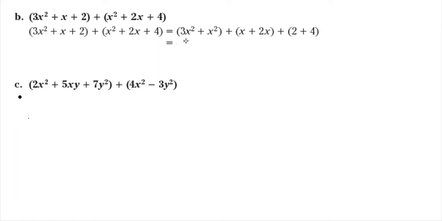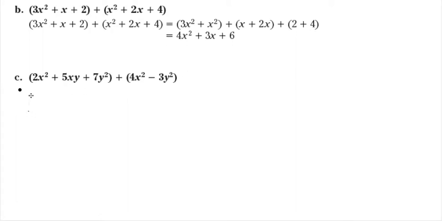We are just basically getting our like terms and putting them next to each other so that we can add them. We know that 3x squared plus x squared becomes 4x squared. x plus 2x is 3x, and 2 plus 4 equals 6.